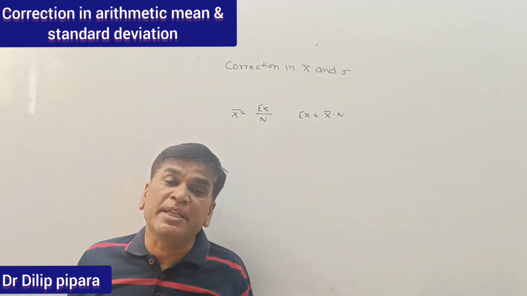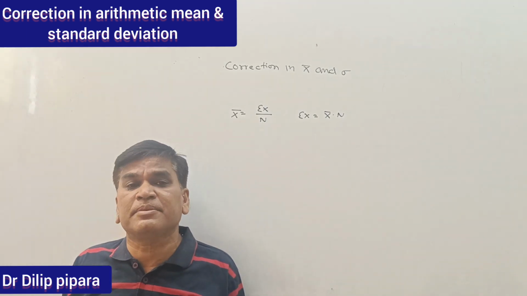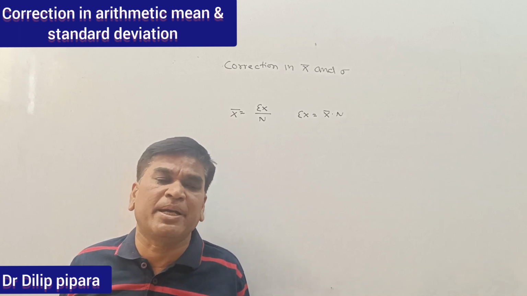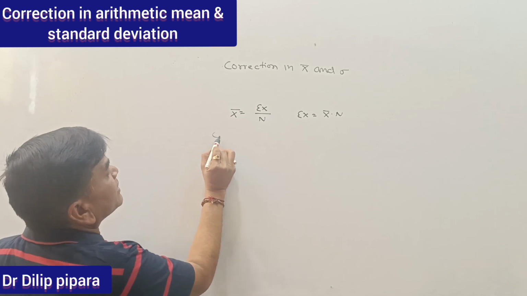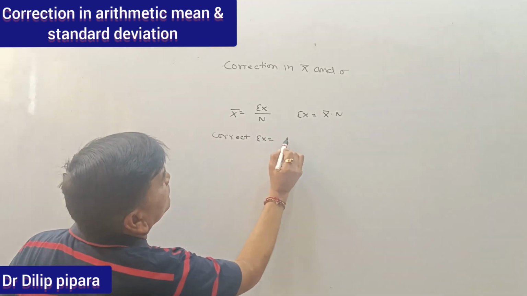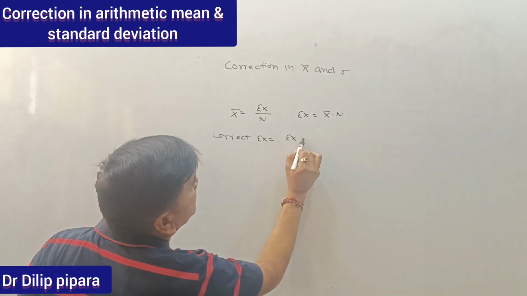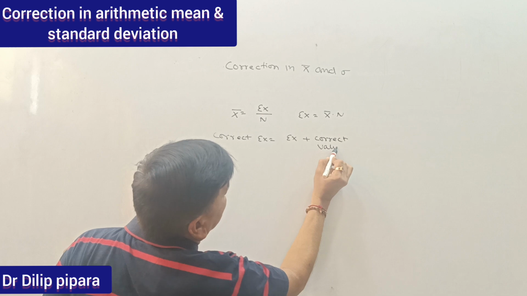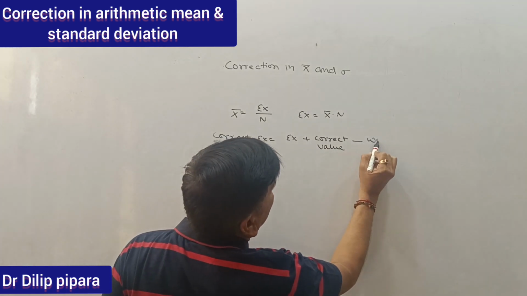If we have made any mistake in the calculation of the arithmetic mean, then we want the correct sigma x. To get the correct sigma x, we take sigma x plus the correct value minus the wrong value.